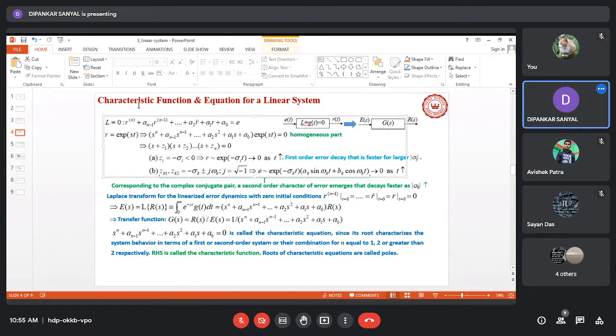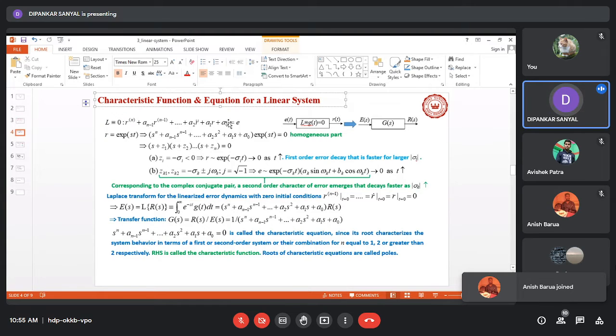Now we are considering that we have some error as input to the plant, and we have the response as the output. And this input to output is related by some differential equation in the linear form given like this.